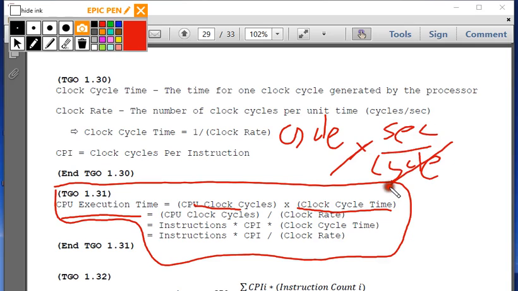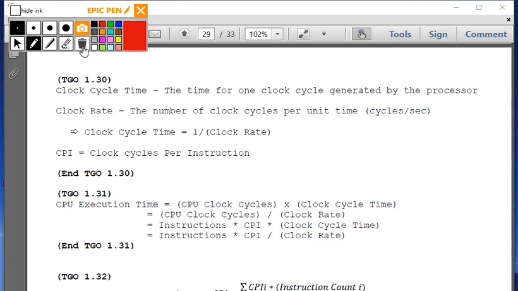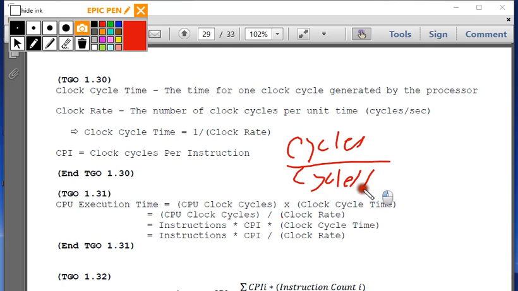Like last lecture, I told you the units are going to cancel out, so execution time comes out to seconds. Same thing, instead of times, you have divided by clock rate. Doing the units again, we have cycles divided by cycles per second, which becomes seconds again.